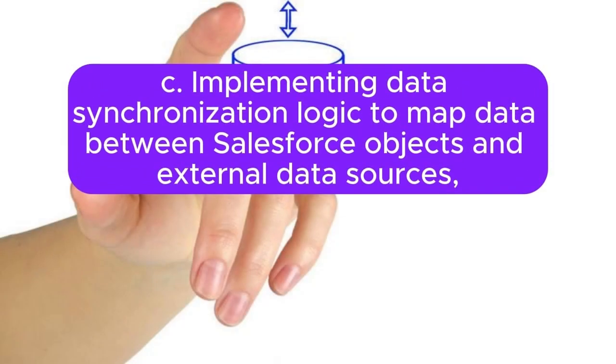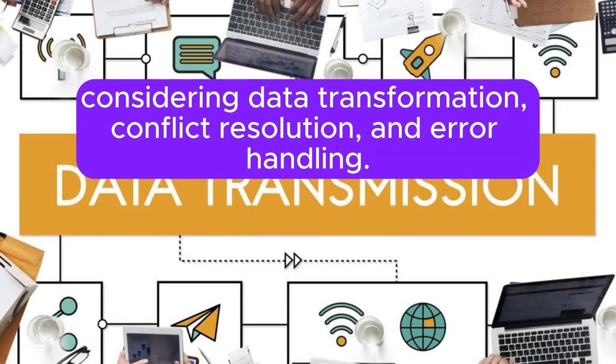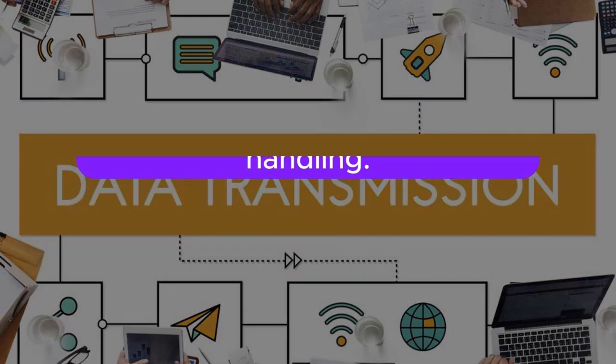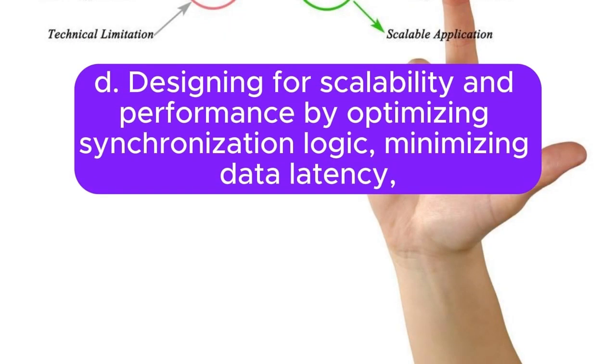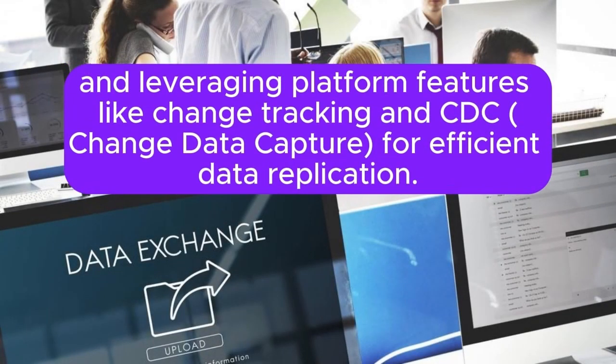C. Implementing data synchronization logic to map data between Salesforce objects and external data sources, considering data transformation, conflict resolution, and error handling. D. Designing for scalability and performance by optimizing synchronization logic, minimizing data latency, and leveraging platform features like change tracking and CDC, change data capture, for efficient data replication.